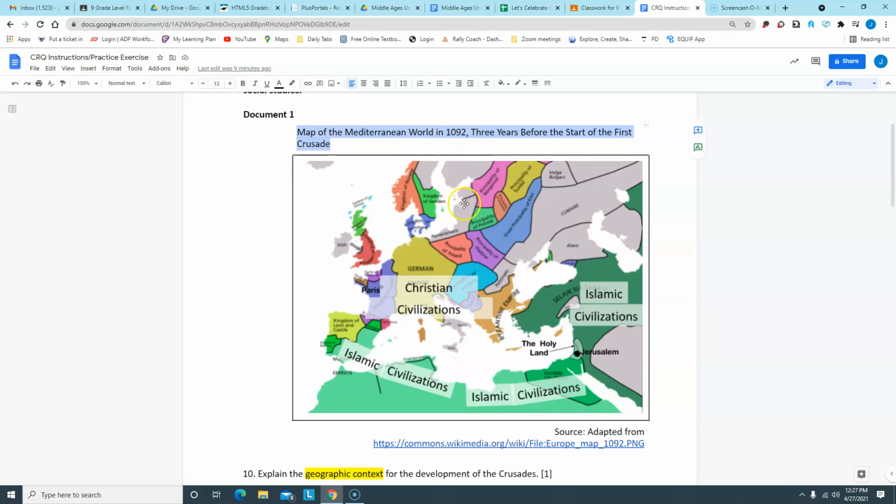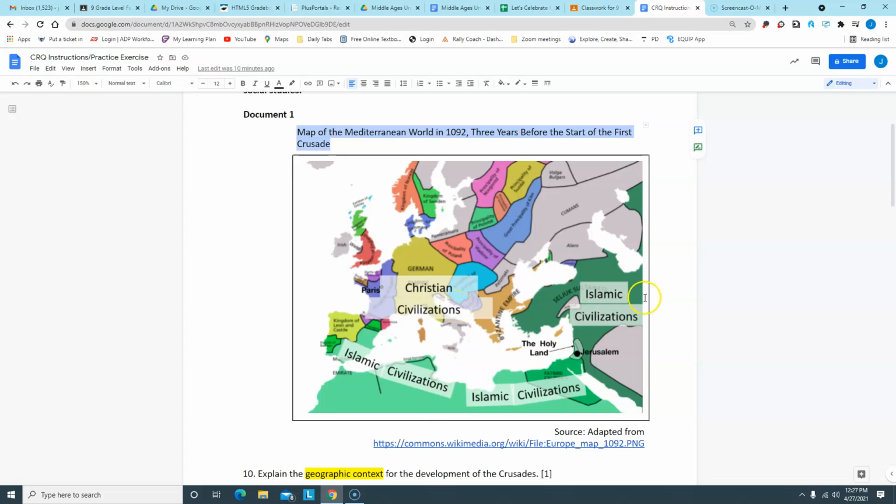Back then in 1092, they didn't necessarily have those names. So you can see by the different colors, these are all different areas, possibly ruled under different kings, different dukes, that sort of thing. And then in this general area, it's labeled Christian civilizations.